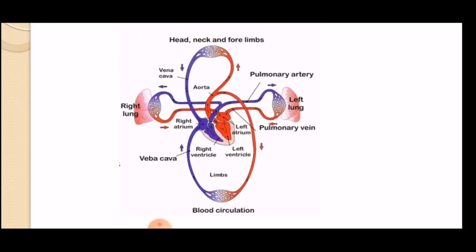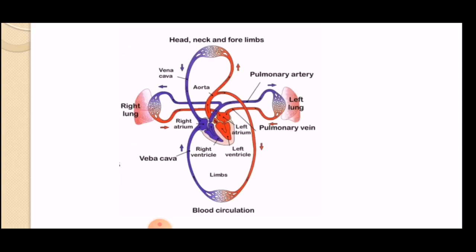And then the blood comes from the two lungs to the left atrium through the pulmonary veins. The blood here is rich with oxygen, oxygenated blood.